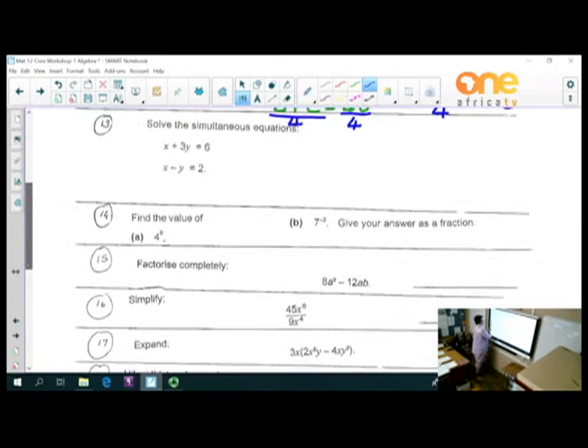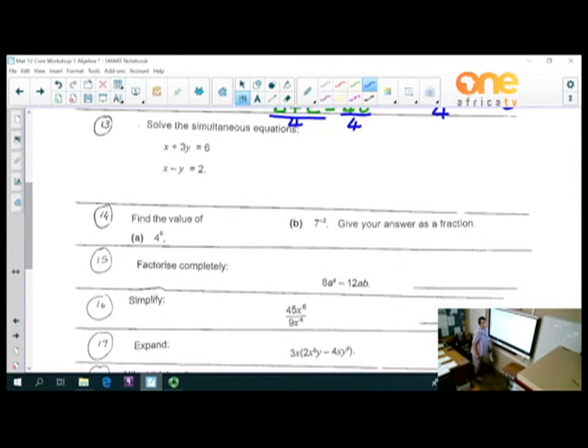At number 13, we again have solving simultaneously. Look again, because this is very important. Now this time I cannot just add, because 1 plus 1 is going to give me a 2. Then I have not eliminated x or y. So what we do is we're going to subtract.